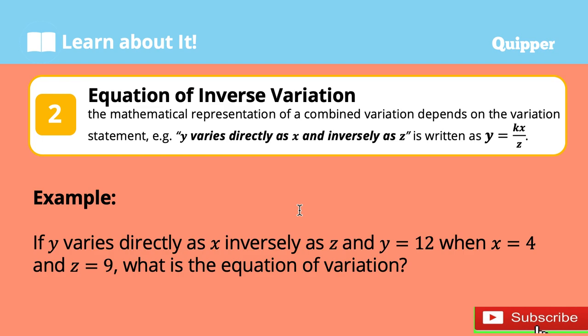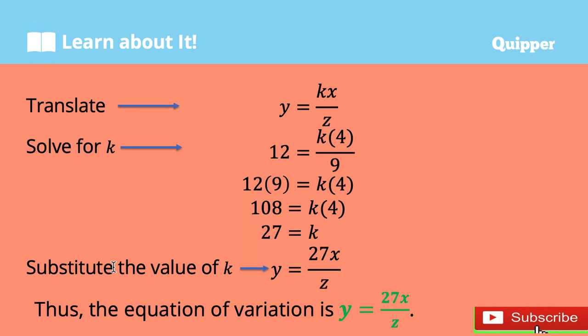Example on how to find the equation of a combined variation. If y varies directly as x, inversely as z, and y is equal to 12 when x is 4 and z is 9, what is the equation of the variation? To find the equation of the variation, we are going to translate first the variation statement into a mathematical sentence.